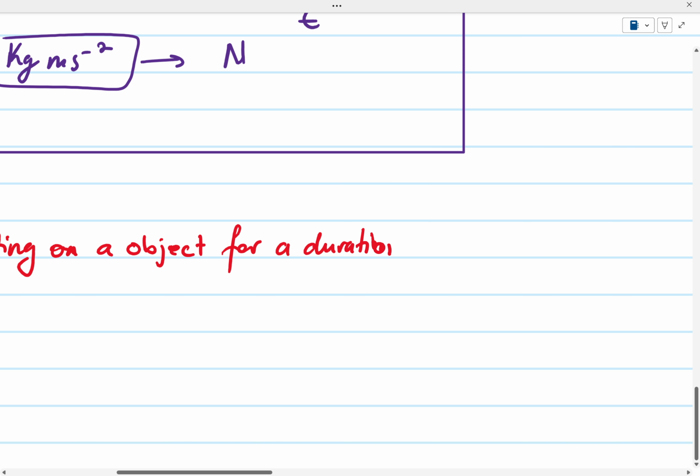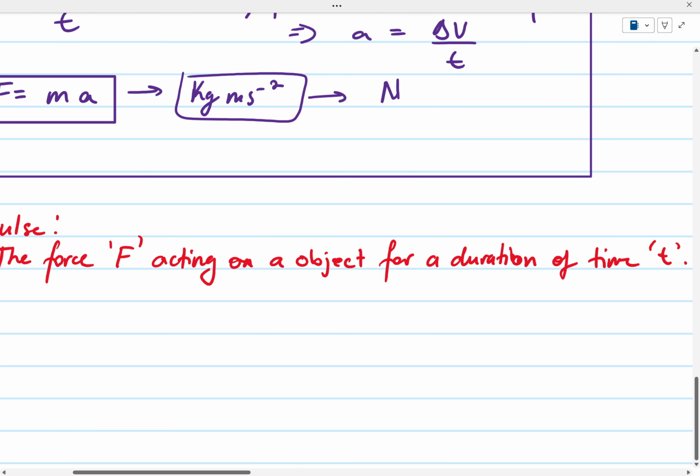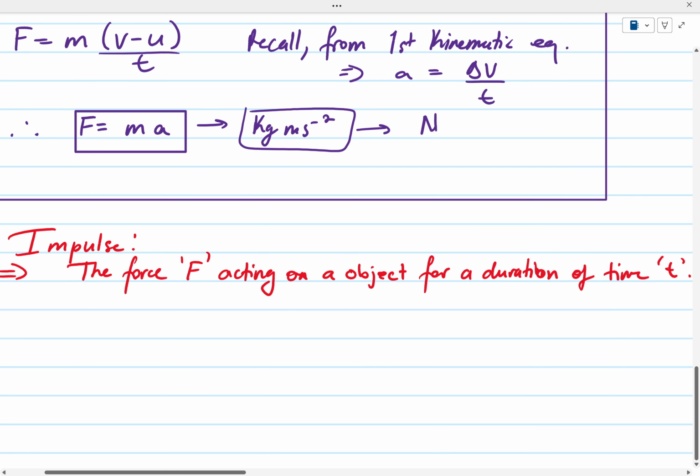So it is defined as a force acting on an object for a duration of time. It's really a vector quantity as well, so impulse is a vector quantity that has the same direction as the force which causes it. The SI unit for the impulse of a force is the newton second.